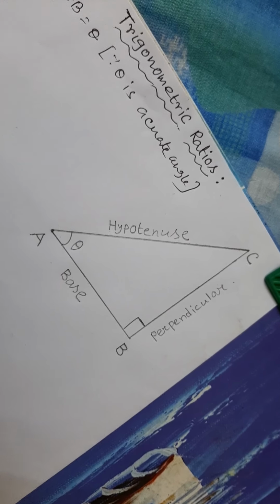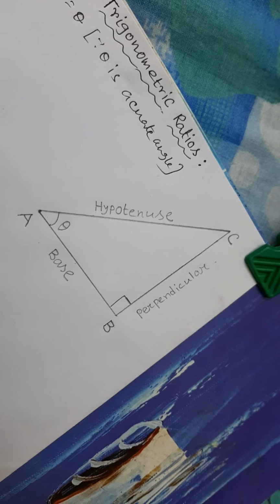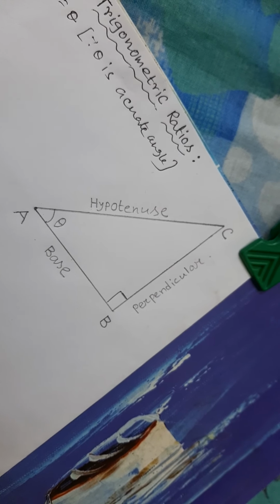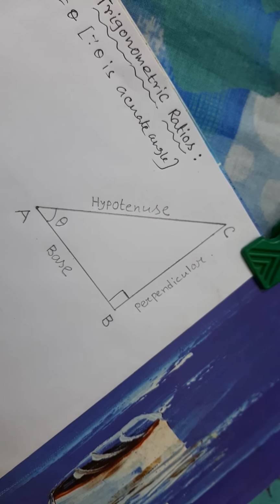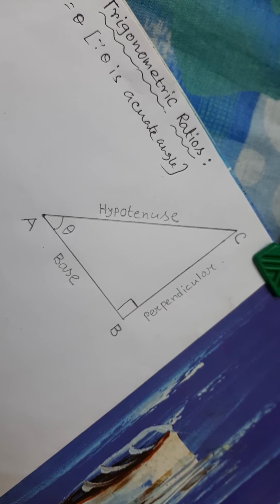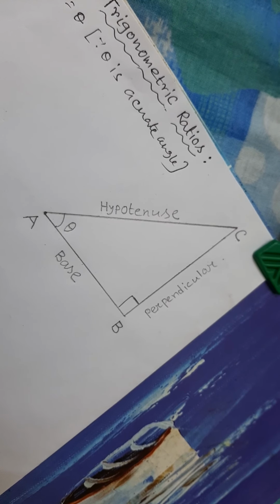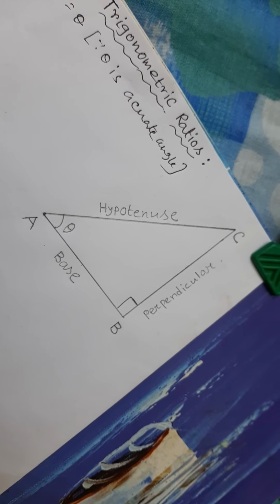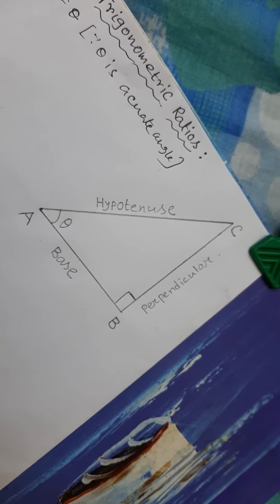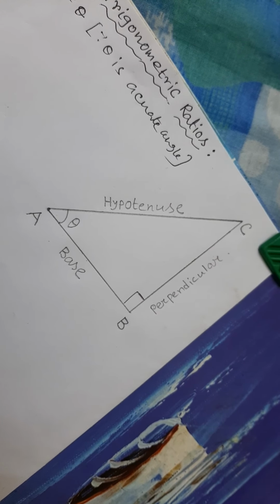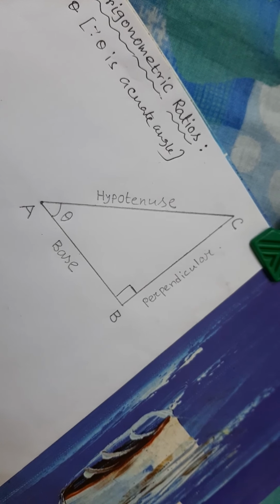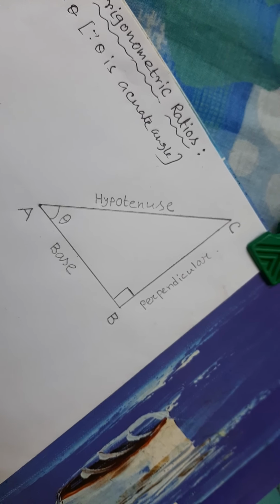Now, we have 6 trigonometric ratios: sine, cos, tan, cosec, sec and cot. So what are the ratios? With respect to angle theta, AB is base, BC is perpendicular and AC is hypotenuse.